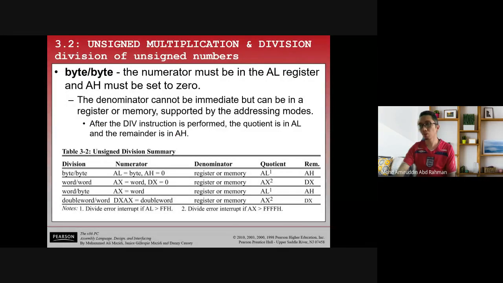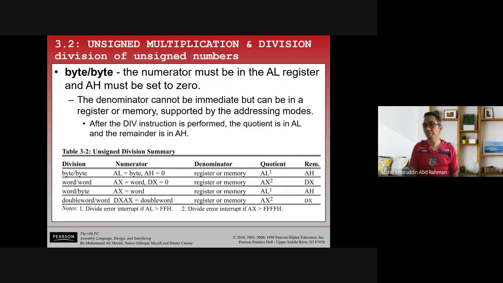For byte over byte, the numerator must be in the AL register and AH must be set to 0. The denominator cannot be immediate, but can be in a register or memory, supported by the addressing modes.